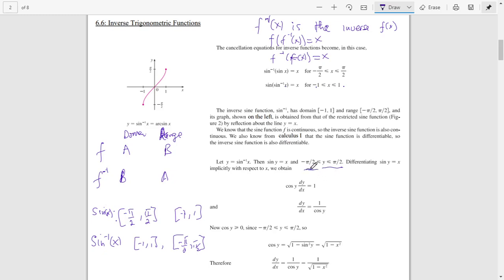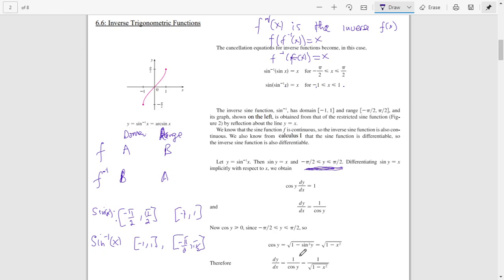And for all the y in this domain, cosine is positive. In fact, cosine of negative pi over 2 is the same thing as cosine of pi over 2, and the values you get here will be from 0 to 1. So the cosine of y for all y in this domain is bigger than or equal to 0.